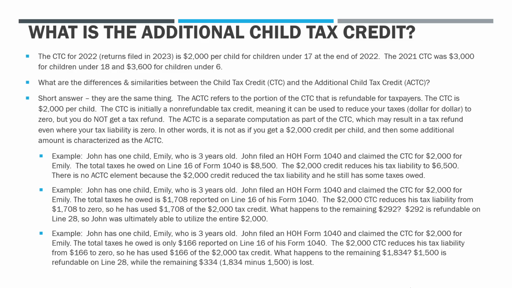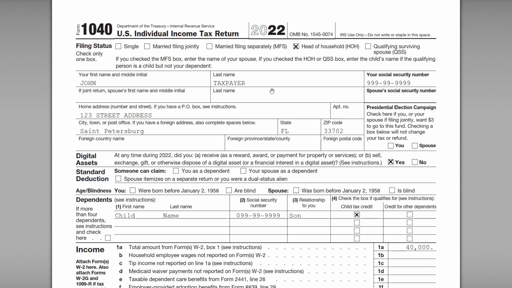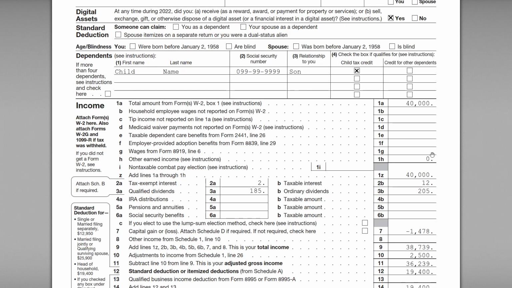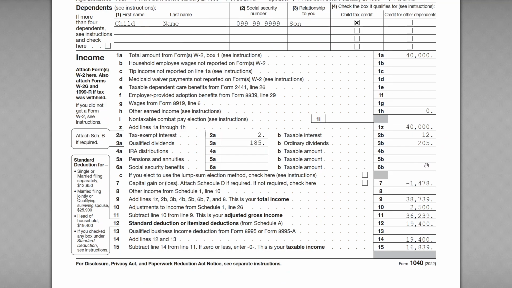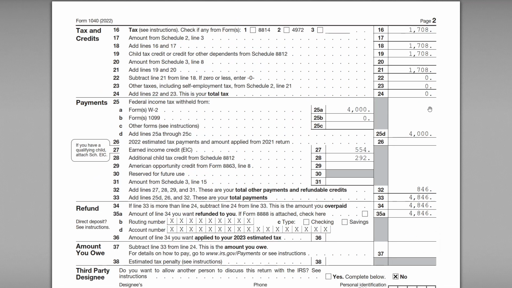Well, if we look at his return here, in this example we have John Taxpayer filing head of household. This is all of his income information and adjustments. We can see down here his taxable income is $16,839, and then his total tax up here is the $1,708. Now the child tax credit is reported on line 19.